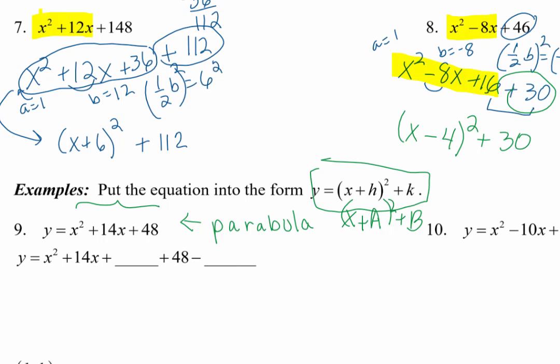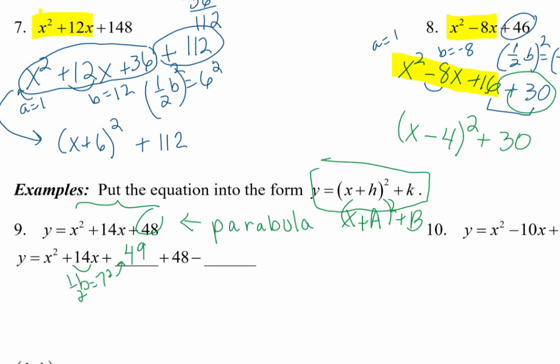Okay. So once again, look at the x squared plus 14x. B is 14. Half of b is 7. Square that and put it here is 49. Oh, this is the first time where our number that we added to make the perfect square is more than the original constant.